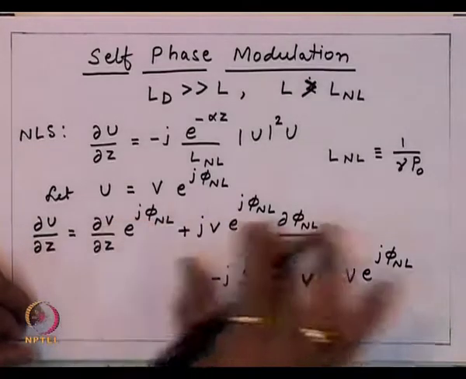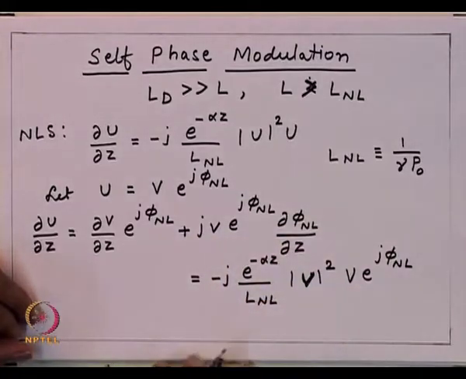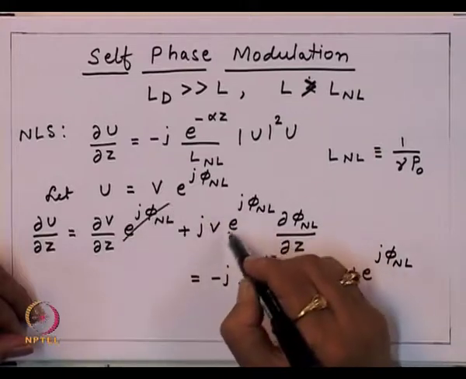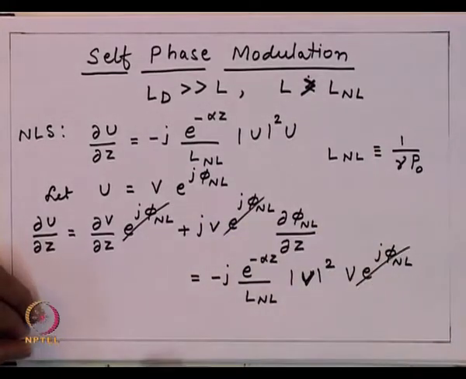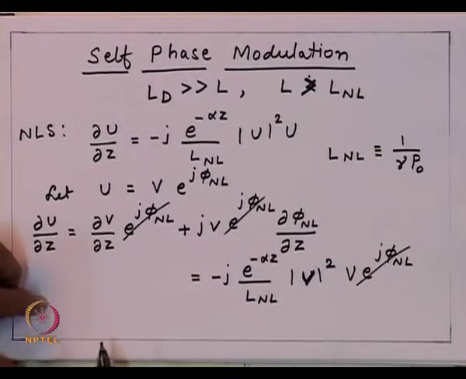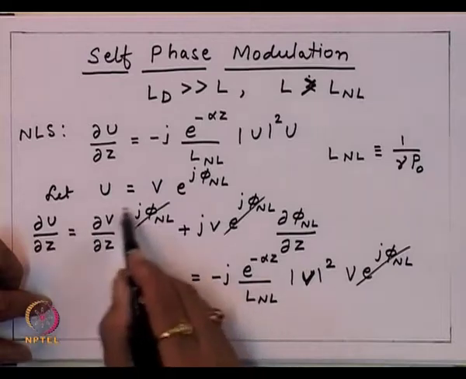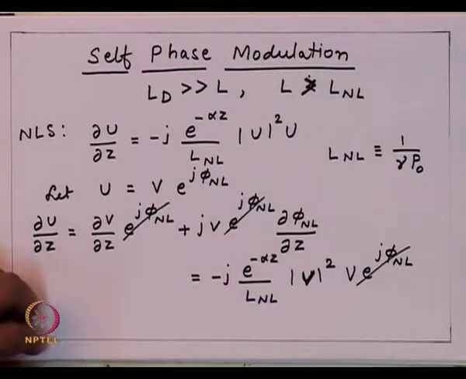We can separate out real and imaginary part. So, first of all, this term e to the power j phi NL is common, so this is gone. This term is purely imaginary now. So, what that means is that this quantity, the real term here, has to be equal to 0.